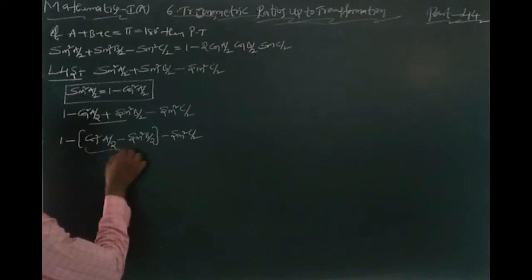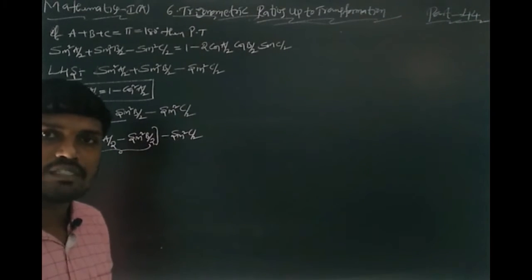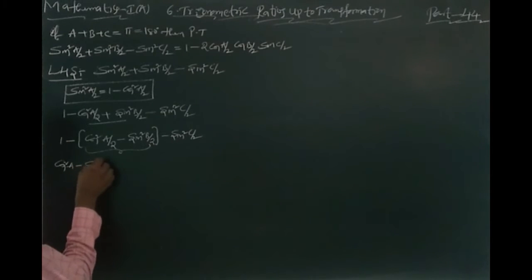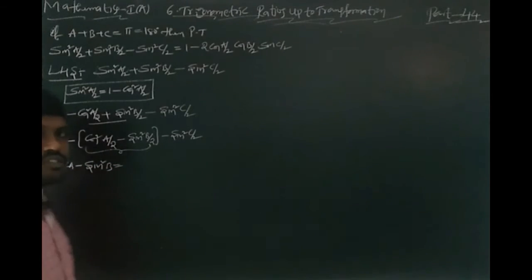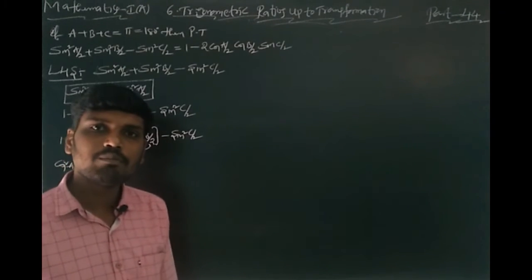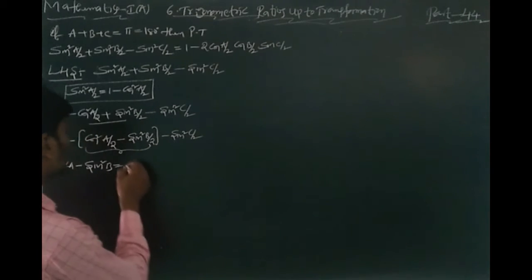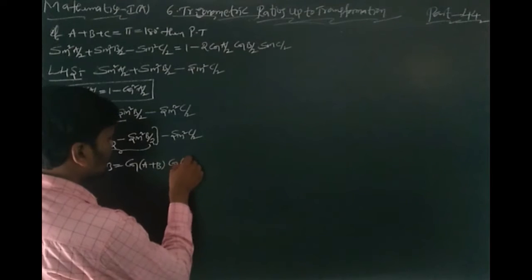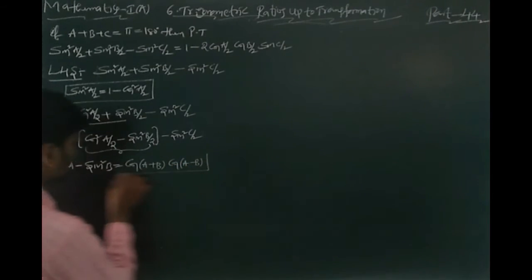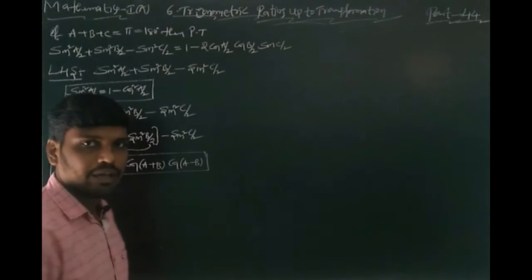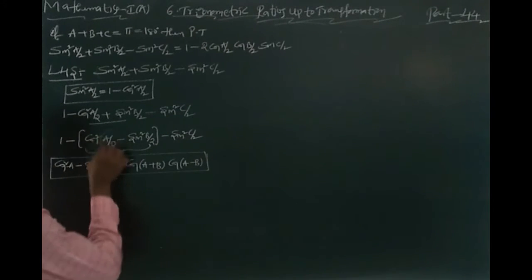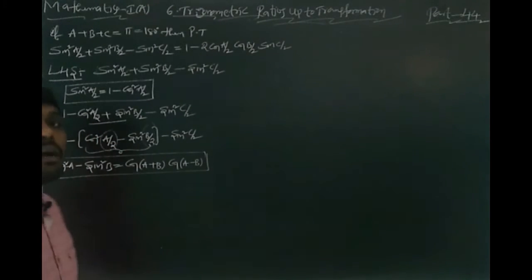Here the cos square A minus sin square B form is there. What is the formula of cos square A minus sin square B? You know that formula: cos of A plus B into cos of A minus B. In this formula, you can write the A value as A by 2, the B value as B by 2.